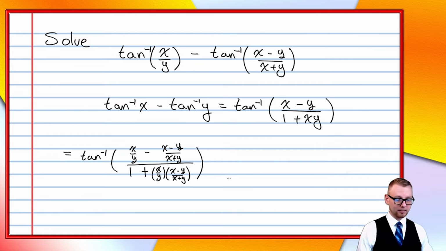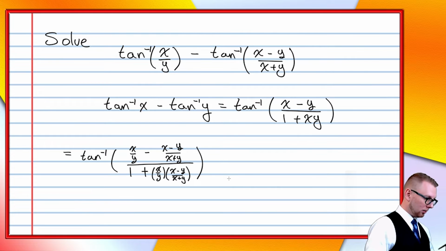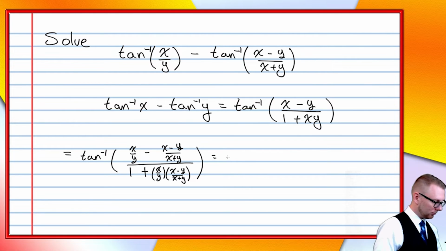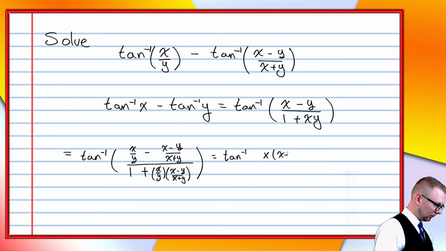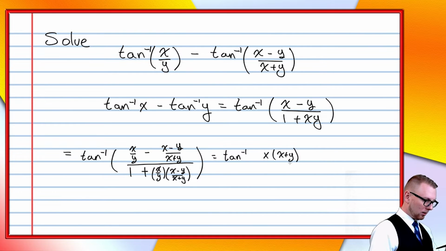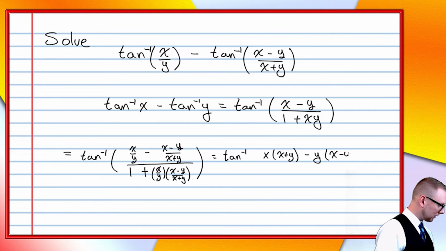Now we need to simplify. So let's get a common denominator on the top first. We'll have tan inverse. Well, x times x plus y, and then minus y times x minus y. This is all divided by y times x plus y.